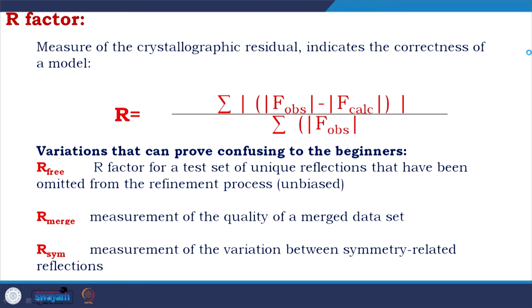R sym is the measurement of the variation between symmetry related reflections. Sometimes symmetry related reflections help us do less work. So, what you have to remember is definitely R work and R free, but also remember two terms, R merge and R sym. Merge is merging different data sets, sym is having a symmetry present.